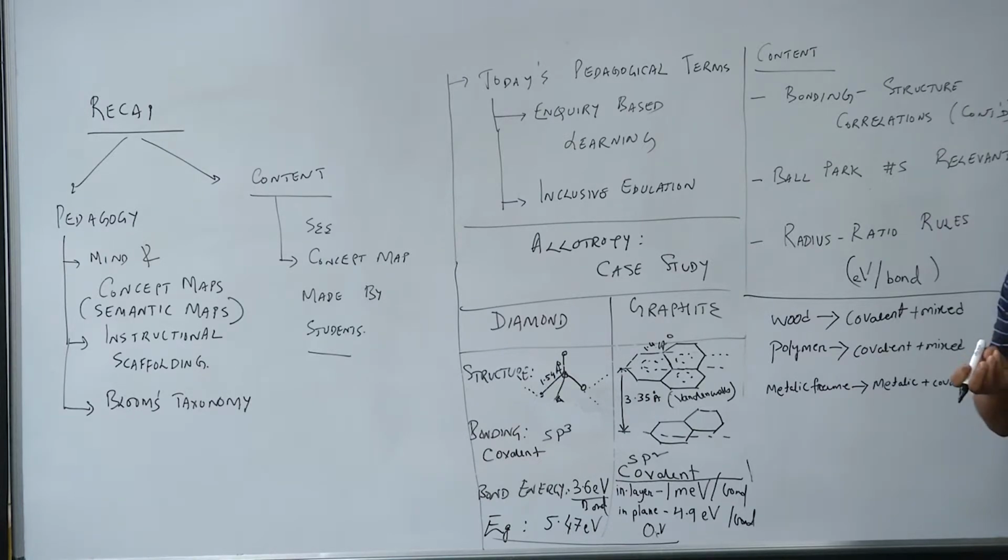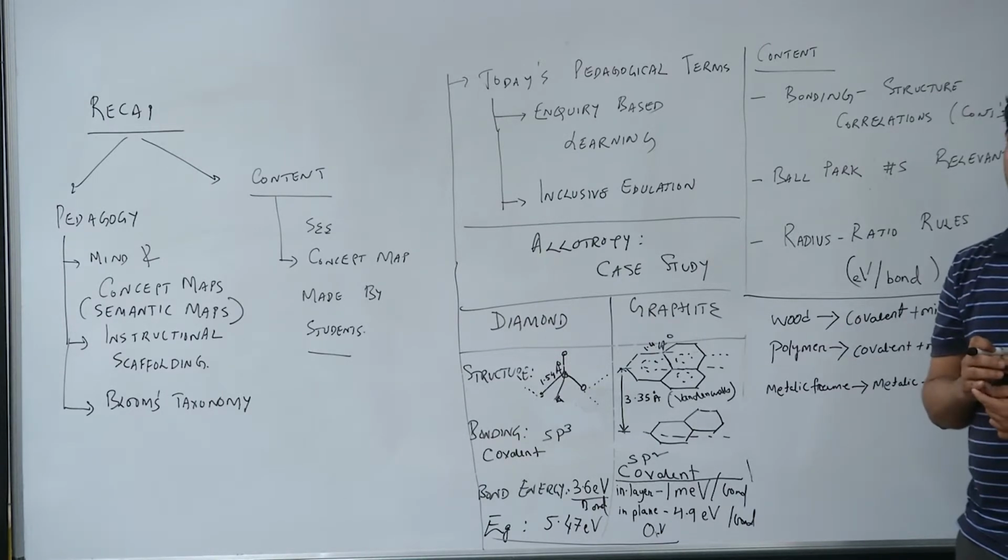Okay, so what is cementite? Fe3C. So what's the kind of bonding that you think will be there in Fe3C? That is also metallic only. But remember, these distinctions are very hand-wavy distinctions, because I have already told you about this.